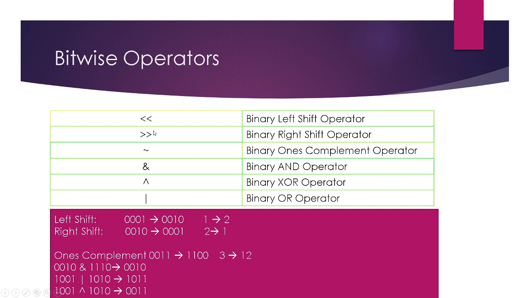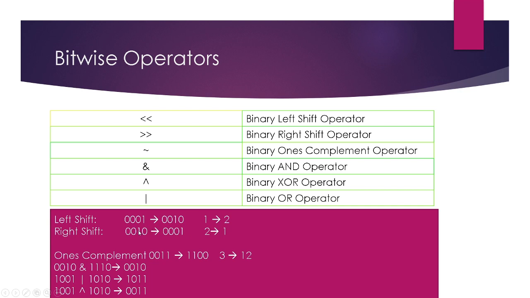Similarly, if I want to right shift the bits, I need to use the binary right shift operator. This will shift the bits to the right. For example, if I want to shift my bits to the right by 1 place, I can use the right shift operator. Here, this 0 which was on the fourth position will now go to the third position, and this bit which was in the third position will go to the second position.